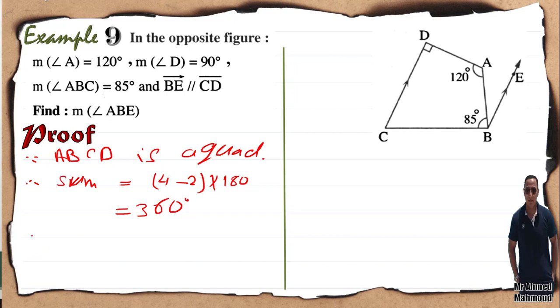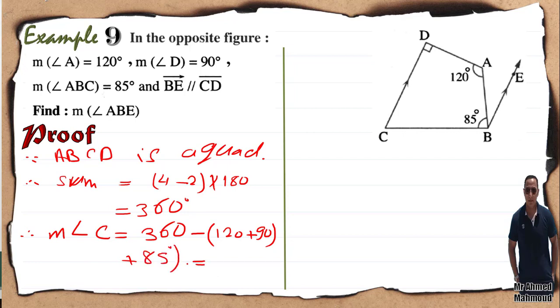It equals 360 degrees. Therefore, the measure of angle C equals 360 minus open brackets 120 plus 90 plus 85, which equals 65 degrees.